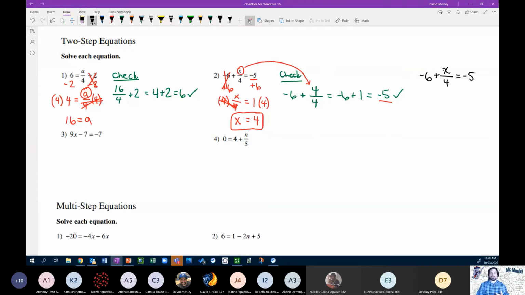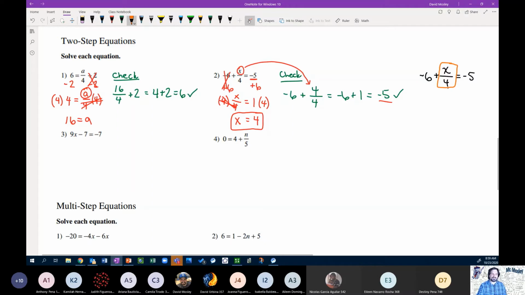So I get to jump right to addition or subtraction. I need to add or subtract so that I get left with the term that has the variable attached. So that's my goal: on one side of the equal sign, I need this to be by itself, and I need all the numbers on the other side.